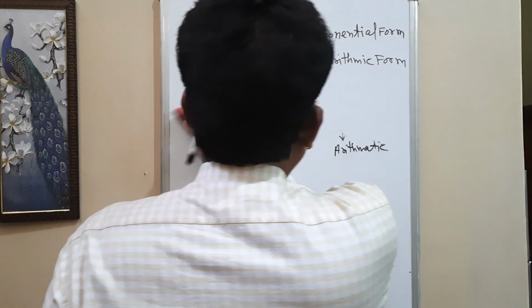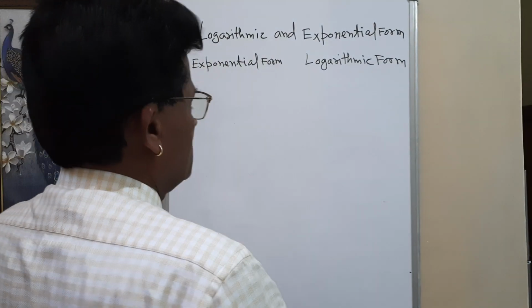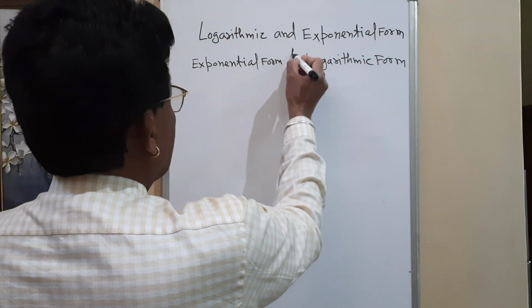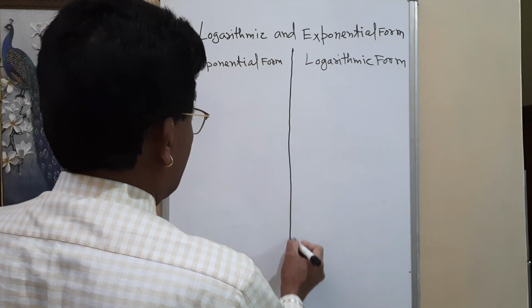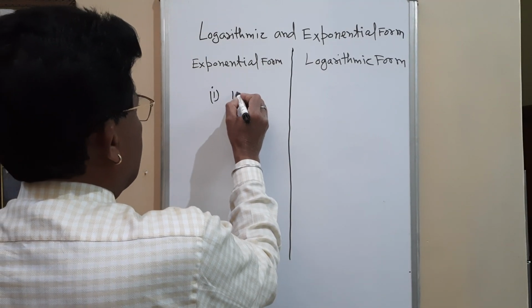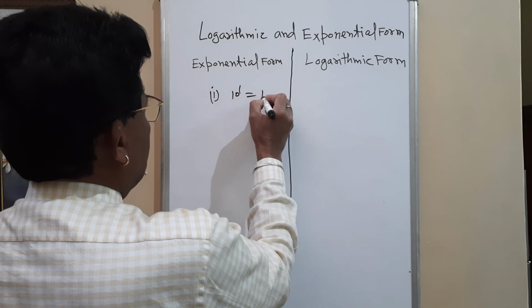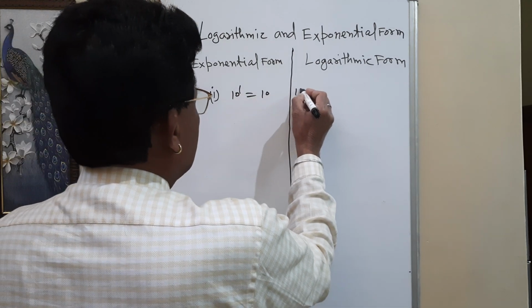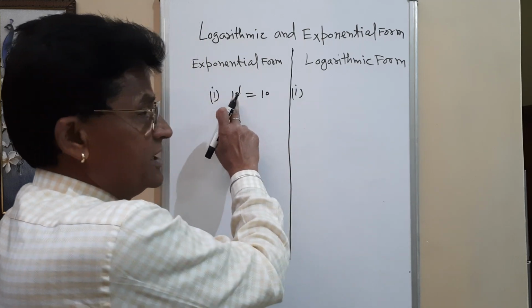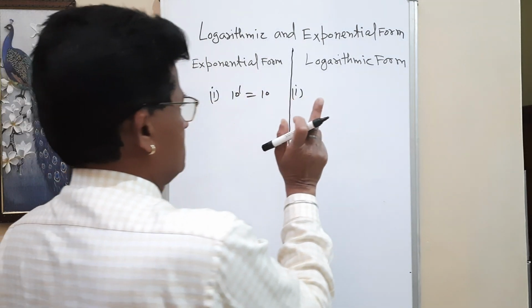Let me take some important things related with logarithm. Here it is given, exponential form or logarithmic form. Let me take some easy questions. First, suppose 10 to the power 1 is equal to 10. How will you write it in log form? Base is 10, you must keep in mind.